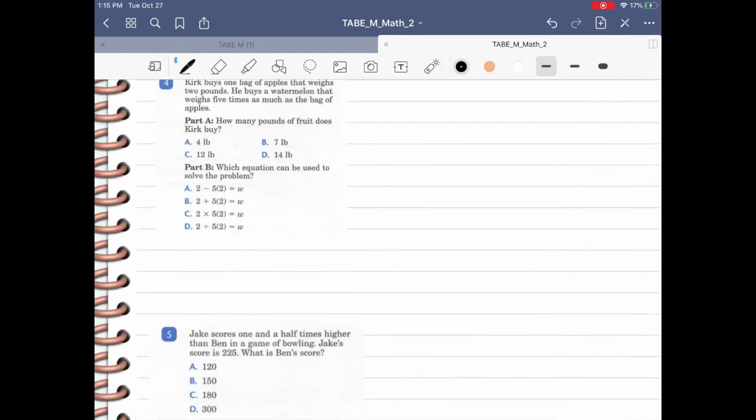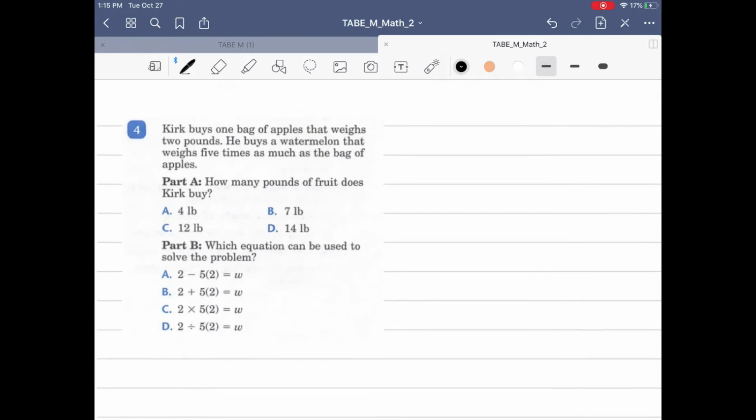Number 4. Kirk buys 1 bag of apples that weighs 2 pounds. He buys a watermelon that weighs 5 times as much as the bag of apples. How many pounds of fruit does Kirk buy?